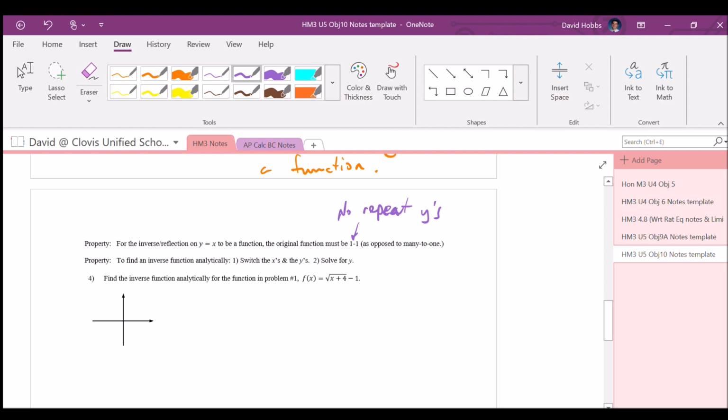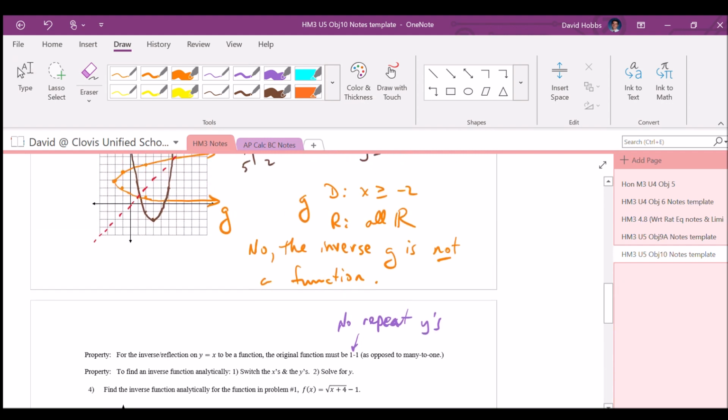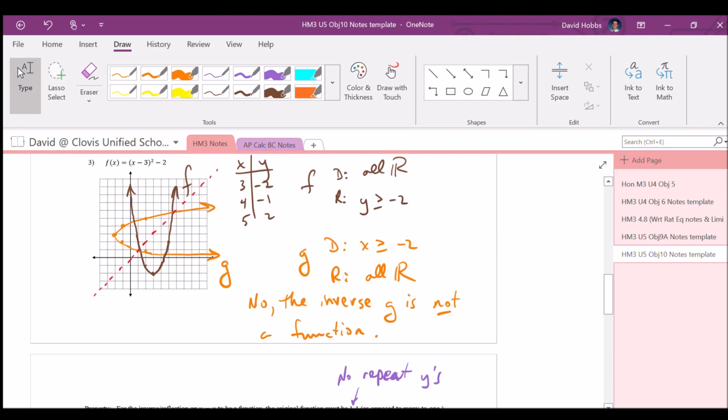As opposed to many-to-1, where you can have many x's to each y. Okay, so let's go back and look at that last one. So for example, the original function f, if I wrote out the other points, we had 3, -2, we also had 4, -1, but then we also had the 2, -1.